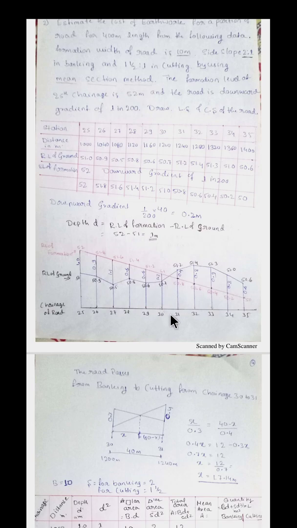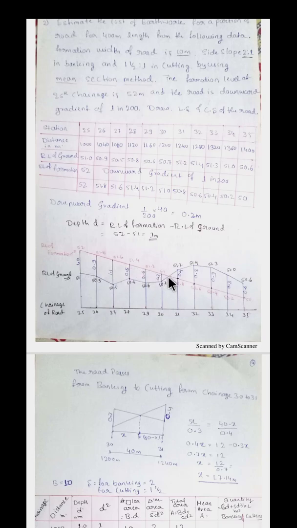At 31st chainage we are having cutting with the depth of 0.4 meter. In between these two chainages there is a zero line, isn't it? So that we'll have to find out. Why it is needed: up to this point we'll have to calculate the earthwork for the banking.